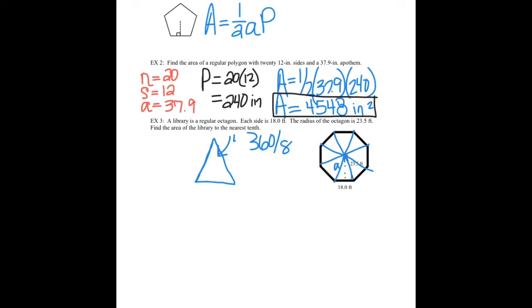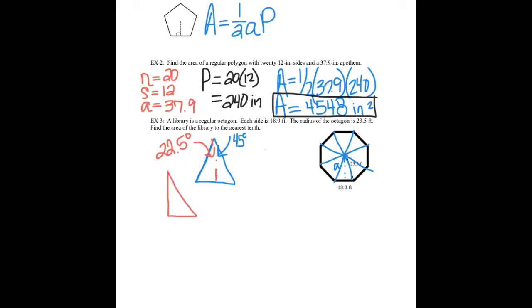So I know that this angle measure is 45 degrees, and again, I did that by taking 360 and dividing it by 8. So if that angle measure is 45, that means that the measure of the bisected angle is 22.5 degrees.